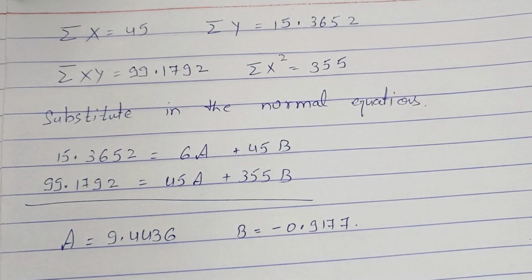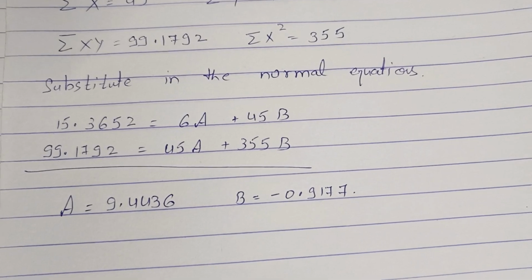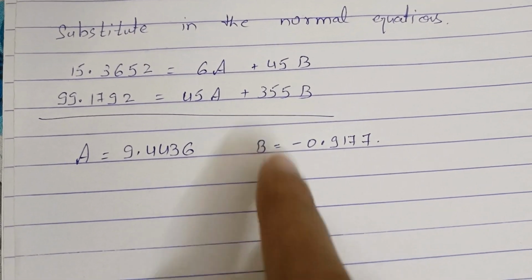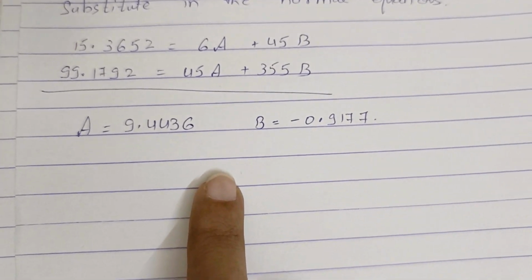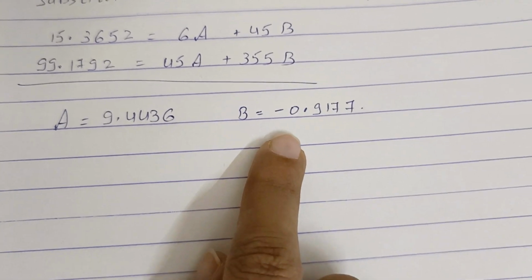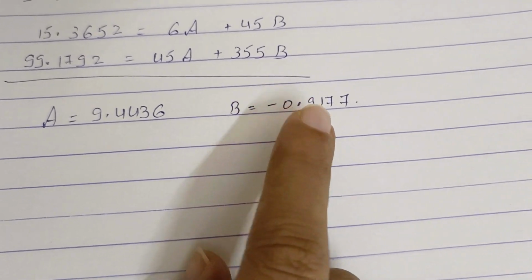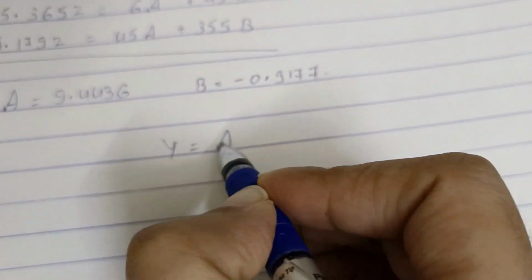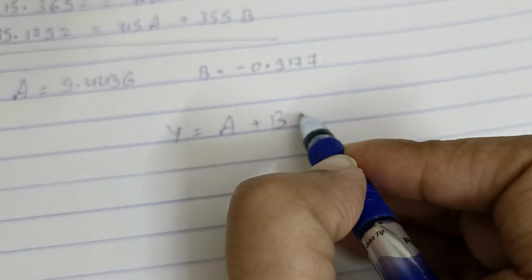I have computed all these values and substituted them into the normal equations. So I got this, and now you can easily compute the values of capital A and capital B using your calculator. So here you got capital Y is equal to A plus capital B X.